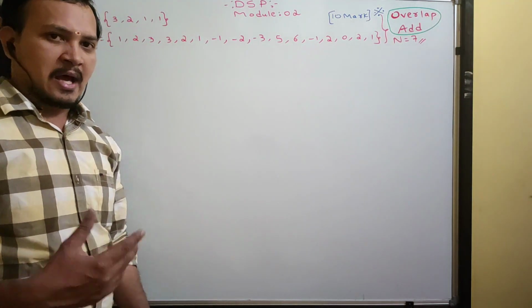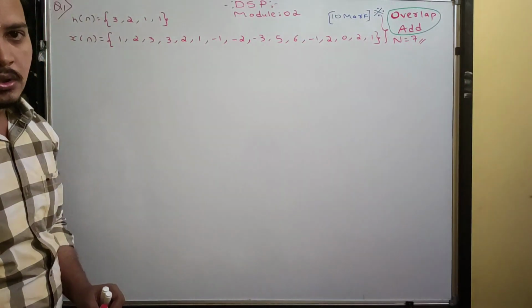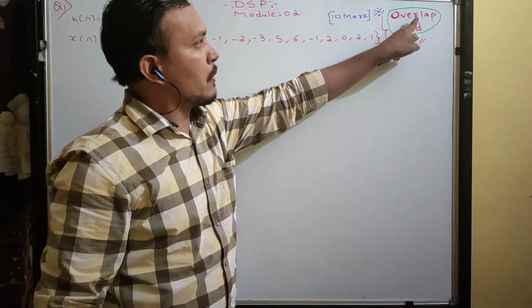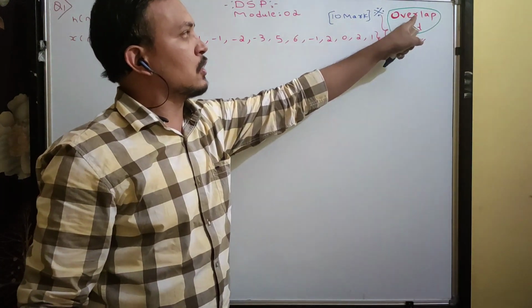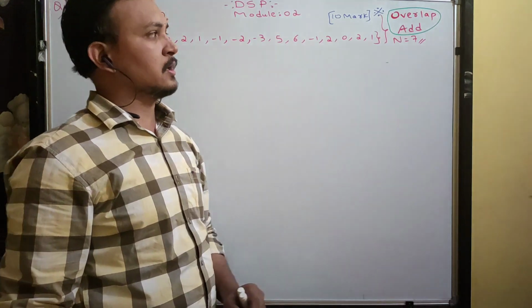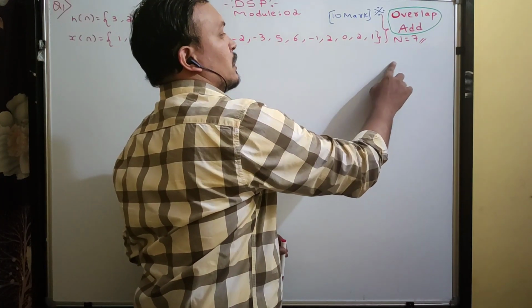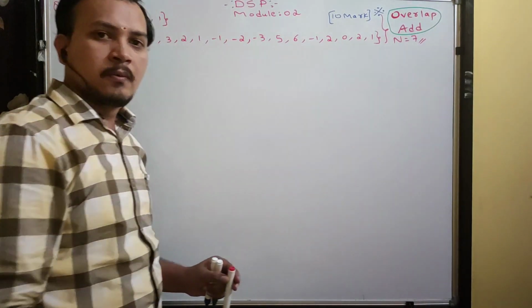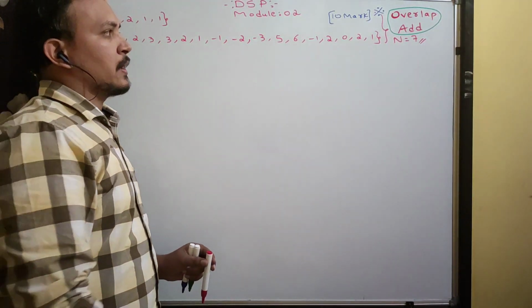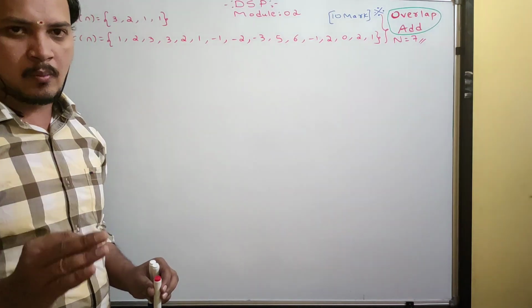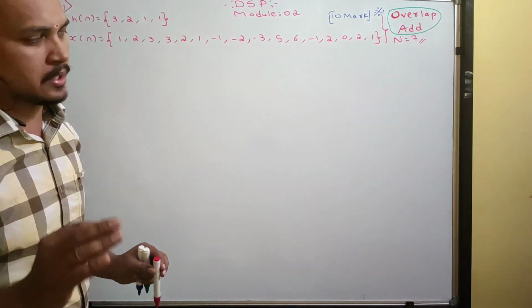Find the output using the overlap add method, assuming the length of the block N equals 7. Very important problem and also easy to understand.